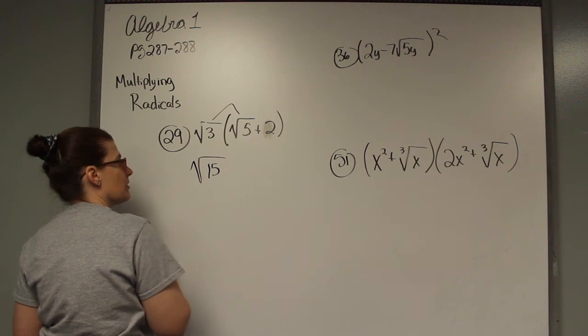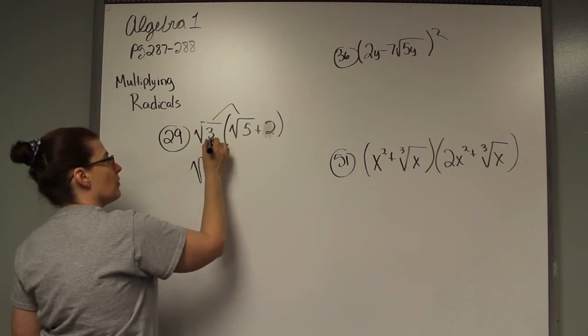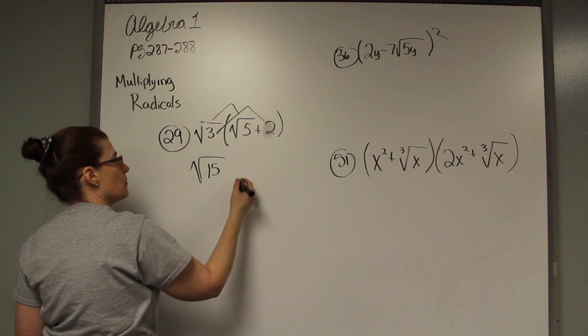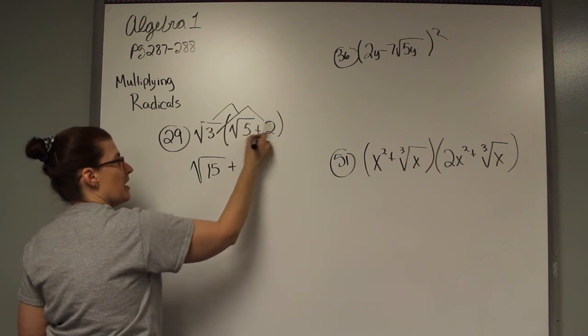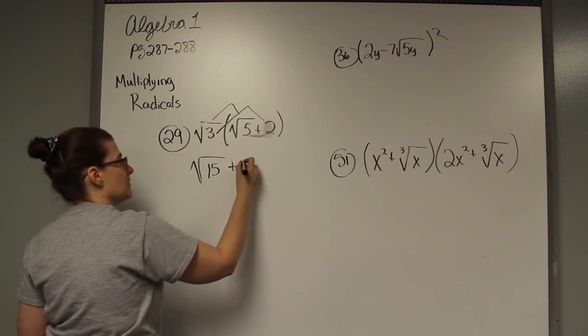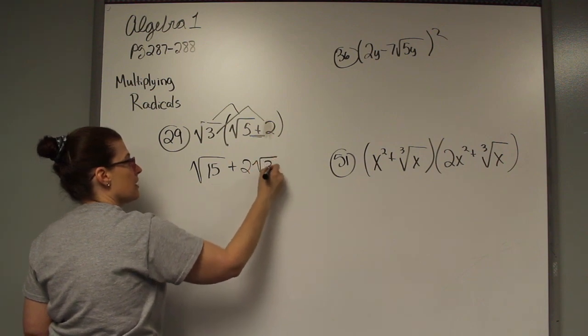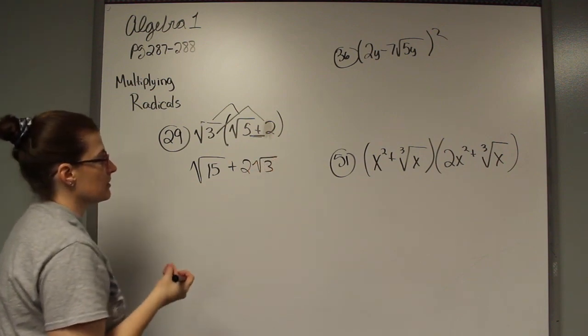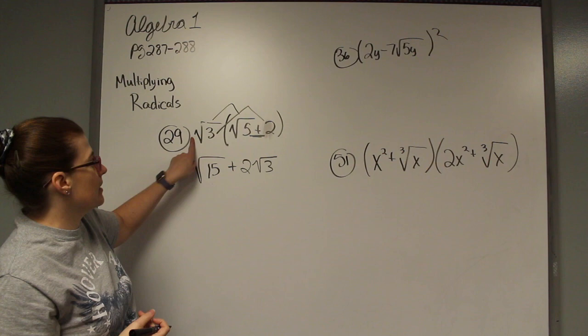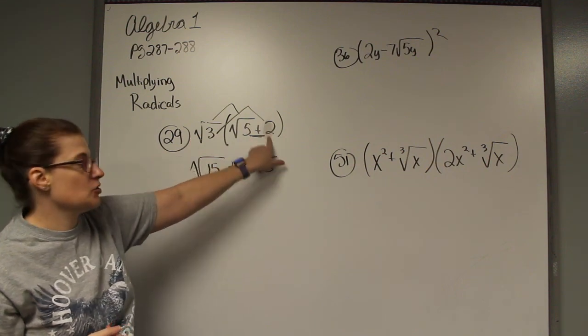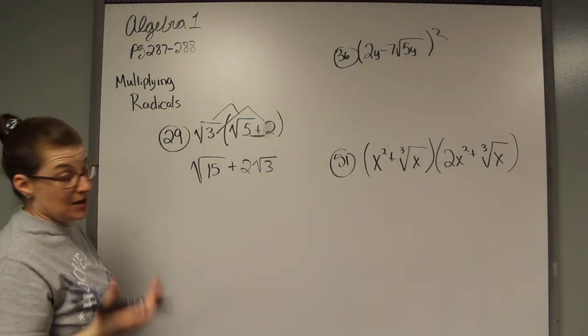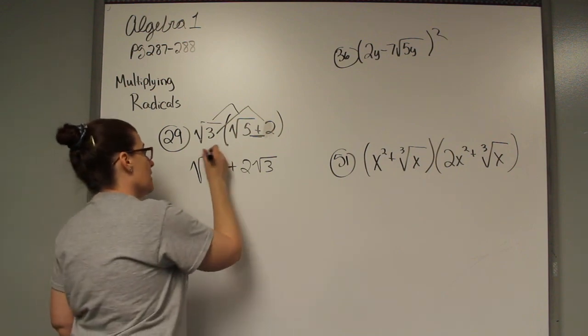There's no perfect square there, so I can leave it. And then radical 3 times 2, and this is a positive, so my sign is positive. It's just going to be 2 radical 3, because you multiply the things on the outside and the things on the inside. Well, the outside here is a 1, and this outside is a 2, and it doesn't have an inside. And you leave it like that. That's it.